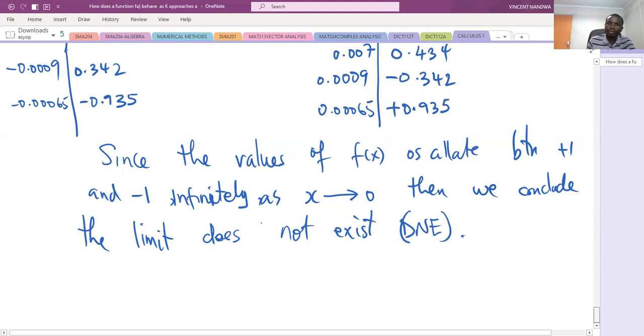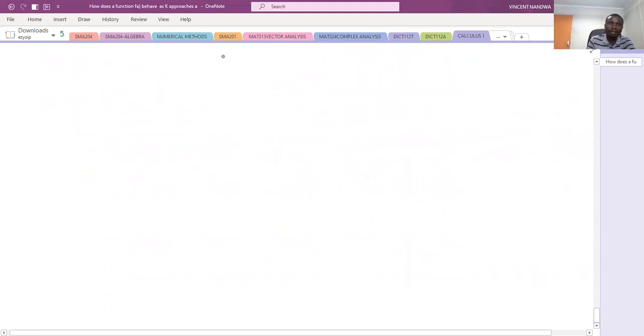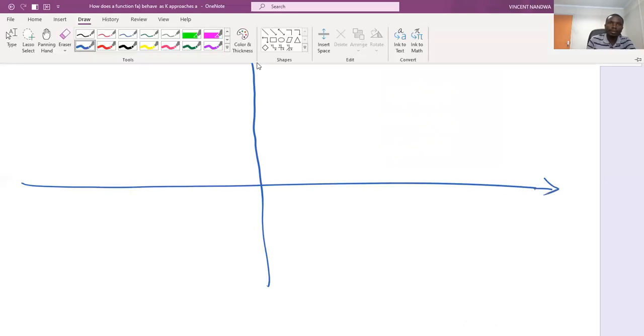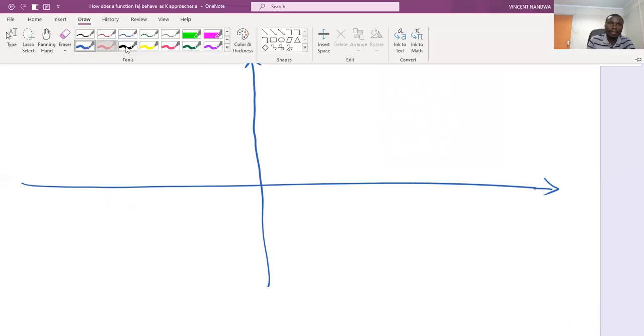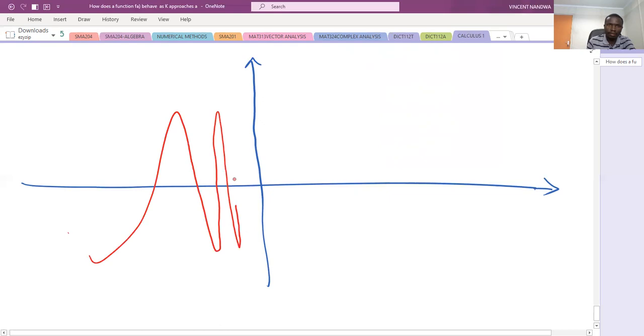And if you were to draw the graph of this curve, you'll find that this is how the graph looks like.